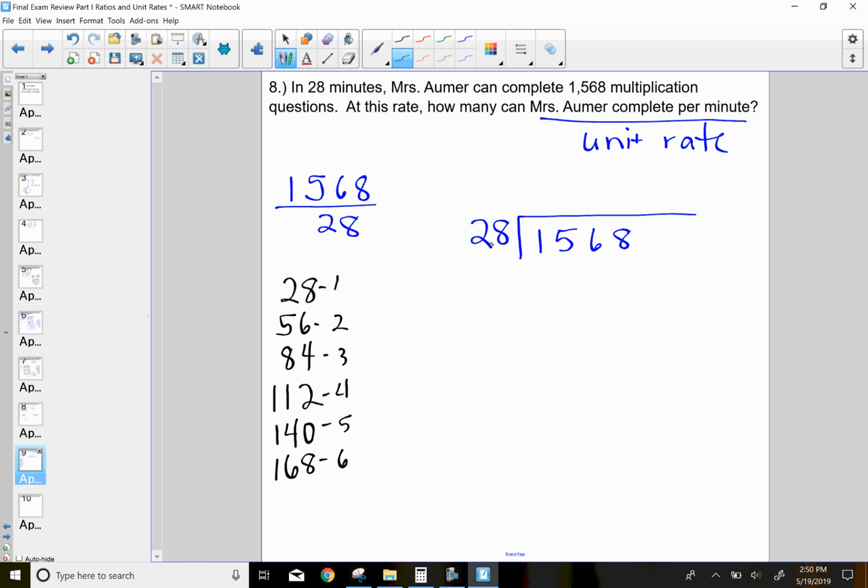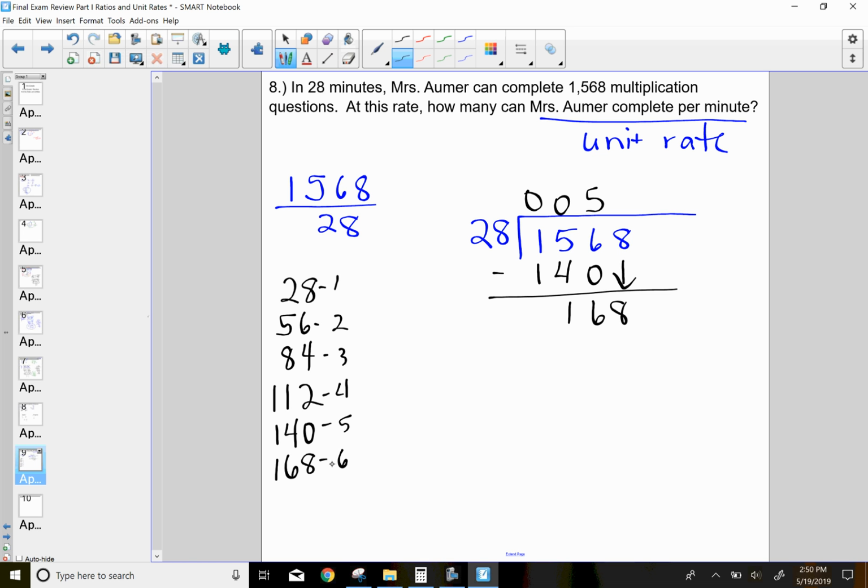So it's easy to see that 28 won't go into 1. I can't take 15 and make a group of 28 either. So I got to go all the way 156, and I can see from my list this is too many, so I'm going to go 5 times. 5 times 28 is 140. So if I do some subtraction here, I used 156 and I used 140. I have 16 remaining, so I'll bring down the 8.